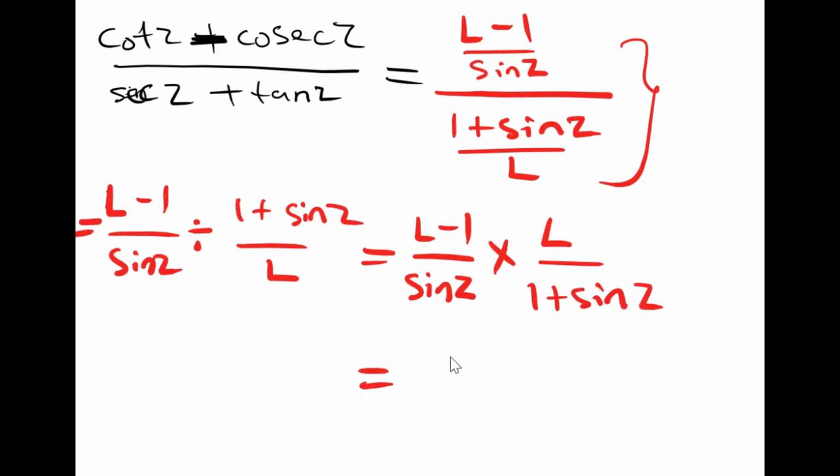This is equal to L into L minus 1 all over sin z by 1 plus sin z, which gives sin z plus sin square z.